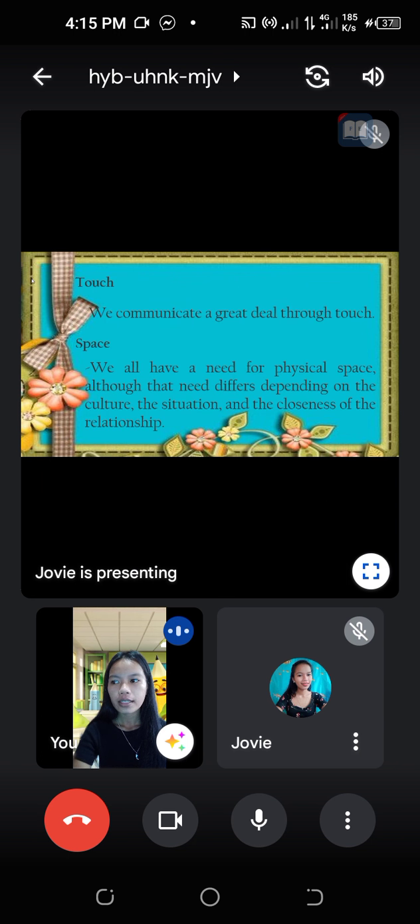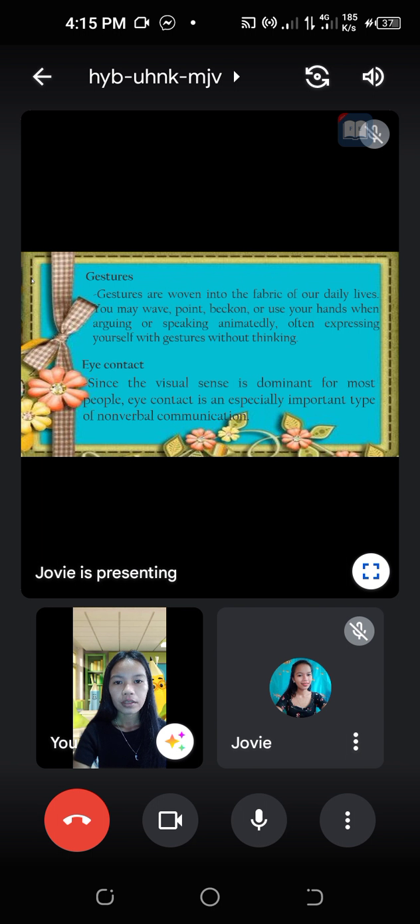Okay, next is eye contact. Since the visual sense is the dominant sense for most people, eye contact is an especially important type of nonverbal communication.